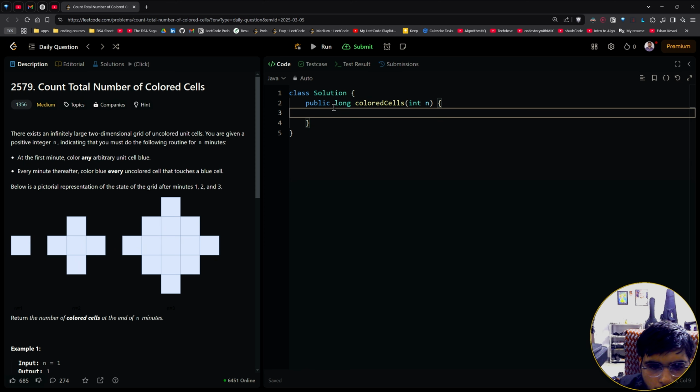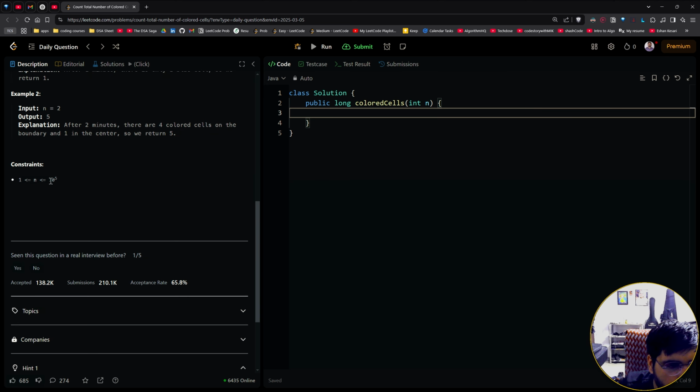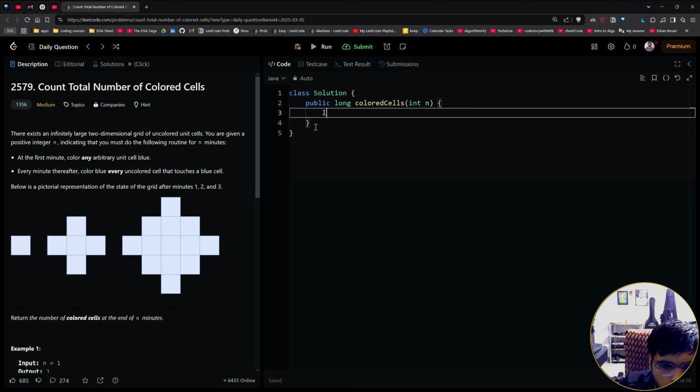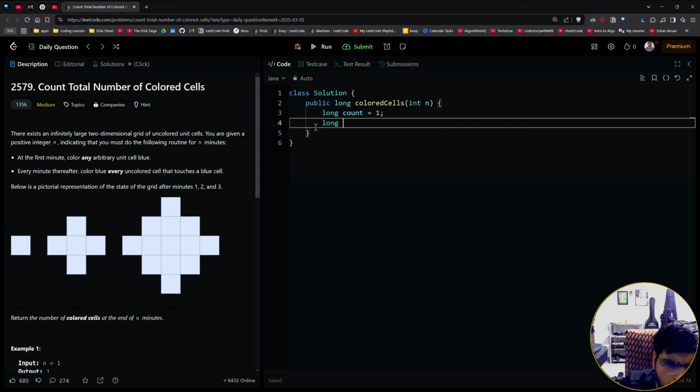Let's start with the code part now. We'll define a count variable. We'll take this as long because the constraint is a little large, 10 to the power 5. So long count is 1. Now we'll take a variable, mark, as 4, because every square will have 4 edges. It will be colored on its 4 edges. So we'll take 4 here.